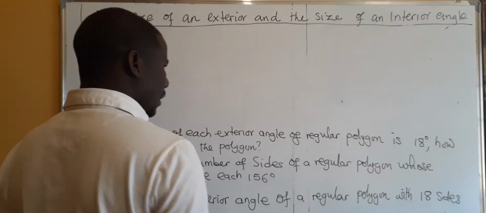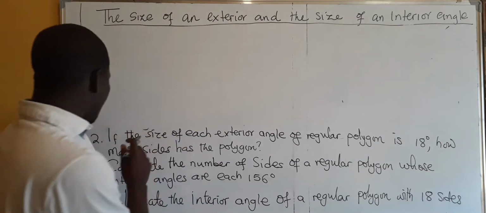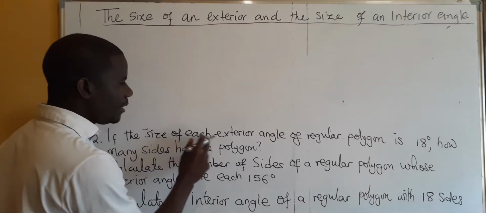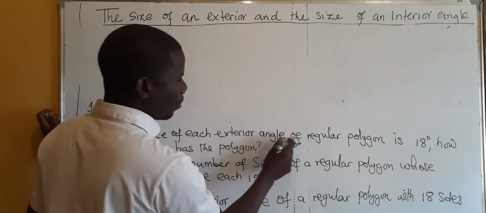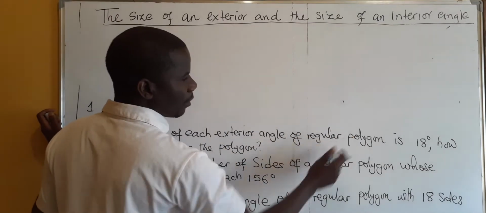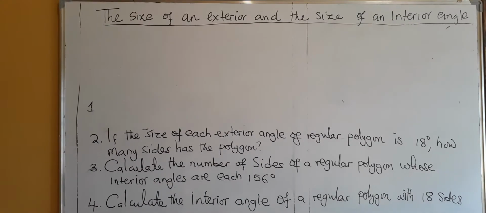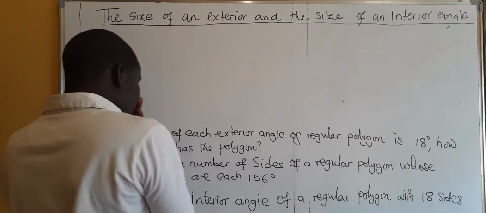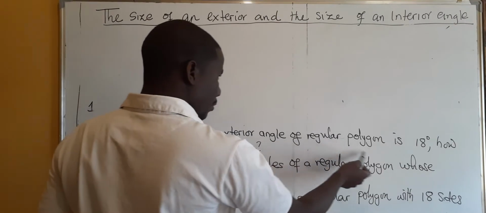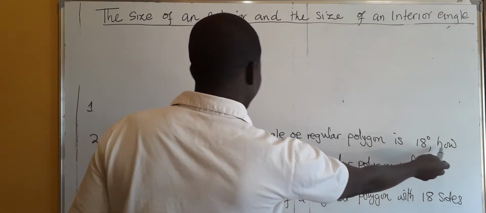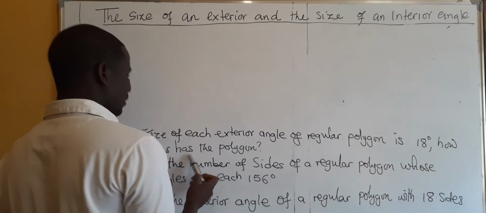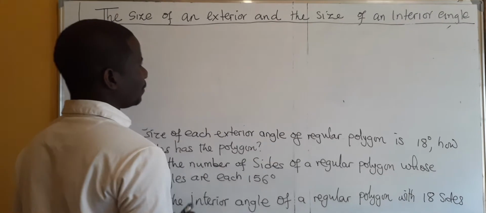We come to the second question. If the size of each exterior angle of a regular polygon is 18 degrees, how many sides has the polygon?